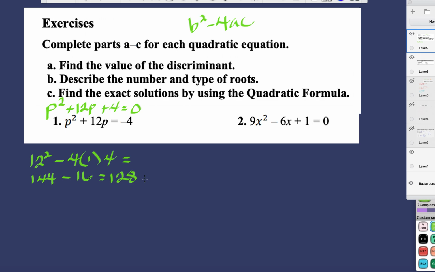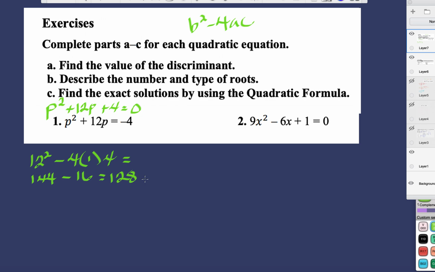128 divided by 4, let's see. There are some square roots in there that I could factor out.